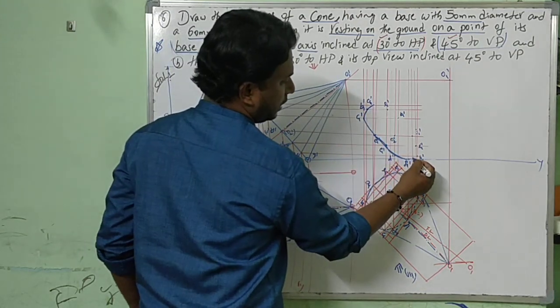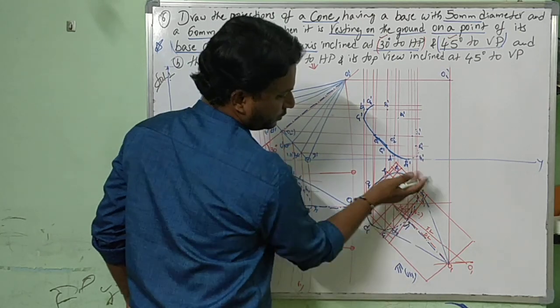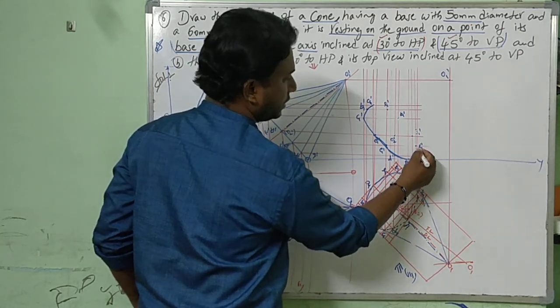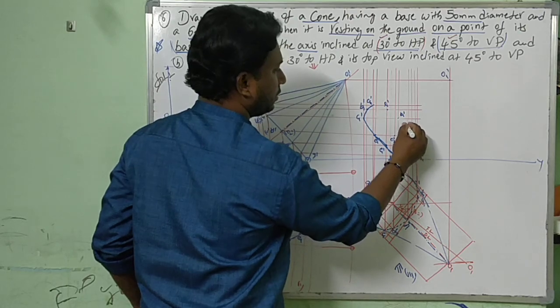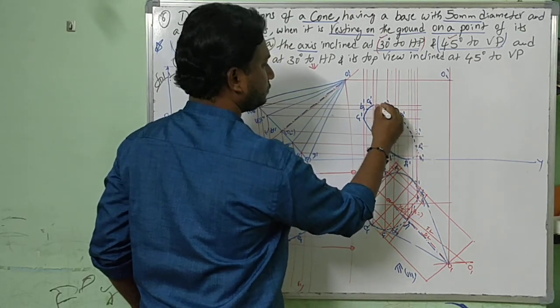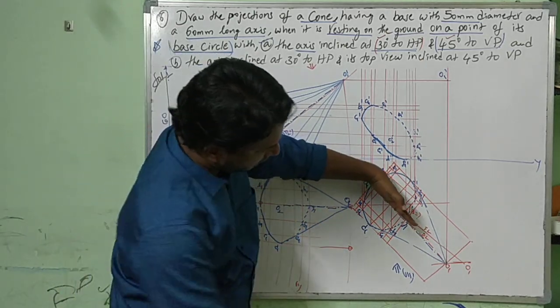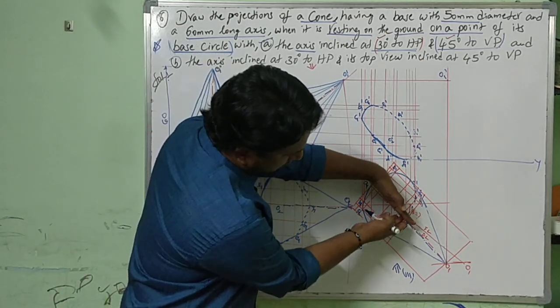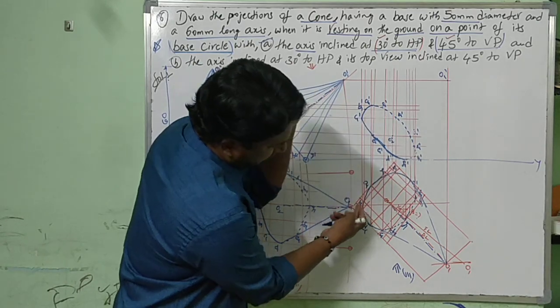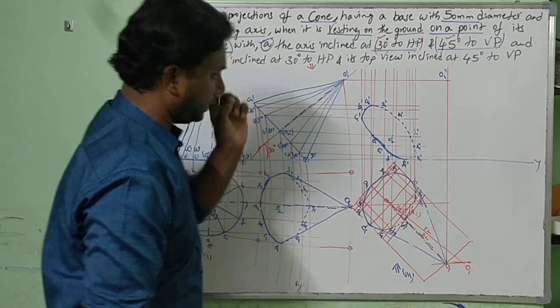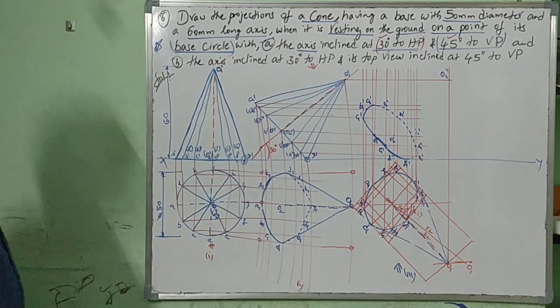Now G, H should be hidden with respect to H, I, J, K, L. This all should be hidden. As per the rule, the axis line half, arrow mark is here, below half axis A1, B1, whatever the points, those all should be thick. Now boundaries.